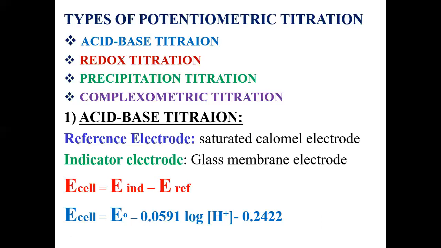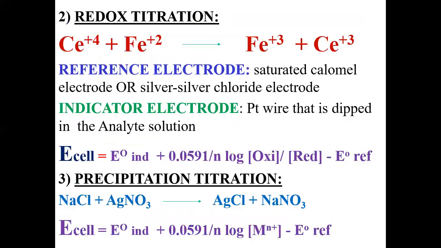The second type we will discuss is redox titration. This is the second type of potentiometric titration. In this type of titration, the oxidation reduction reaction occurs in the solution. So what happens?